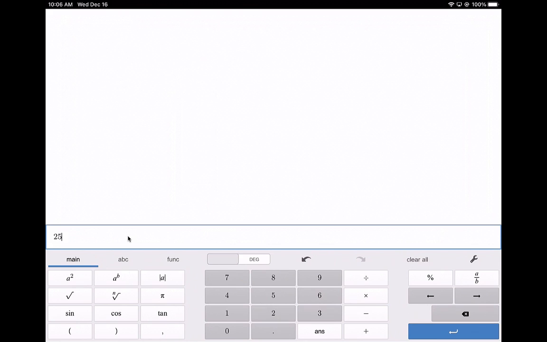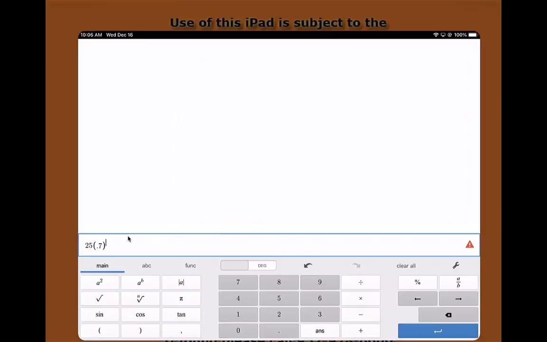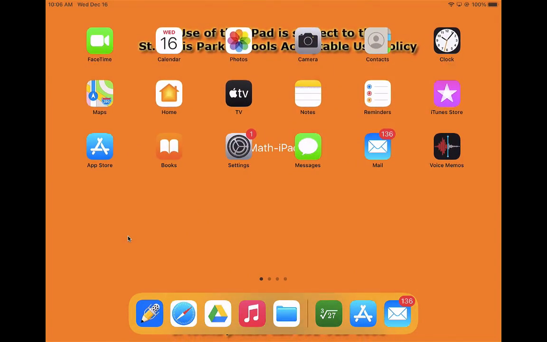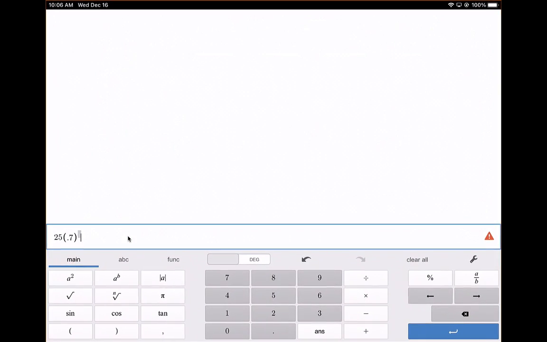So 25 times 0.7 to the power of, I know it's going to be more than, what was the last one that we looked at? More than 5 minutes, so I know it's going to be more than 5 minutes because then we still have 4 gallons. All right, so let's do like 10 minutes.